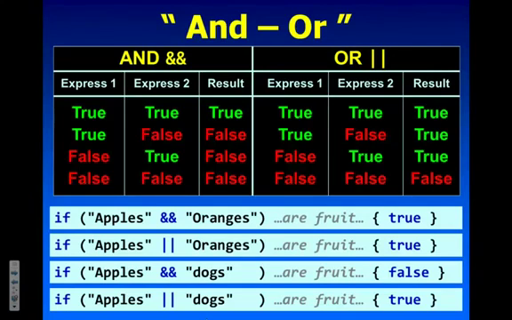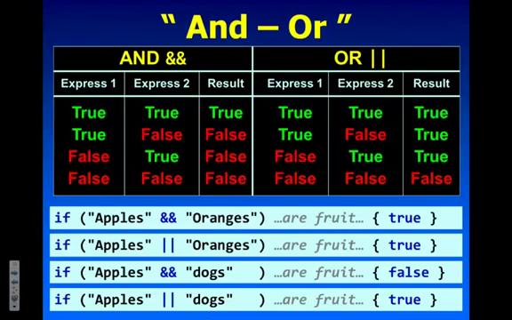With or, either one of them could be true for it to be true. So maybe let me use an analogy. If apples and oranges are fruit, then they're both fruit. Both have to be fruit for that to be true. If apples or oranges are fruit, well, either one of them can be fruit. So like if I say apples or dogs are fruit, is that true?